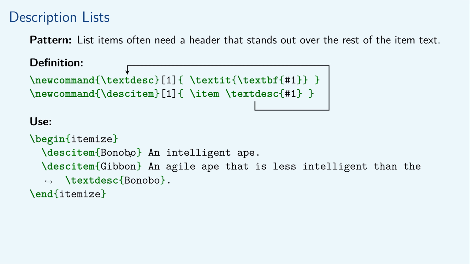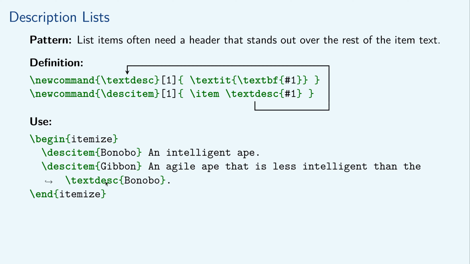And now that I have split up the definition of description item into two commands, where one of them is responsible for formatting that header, text description, then I can just refer to that.